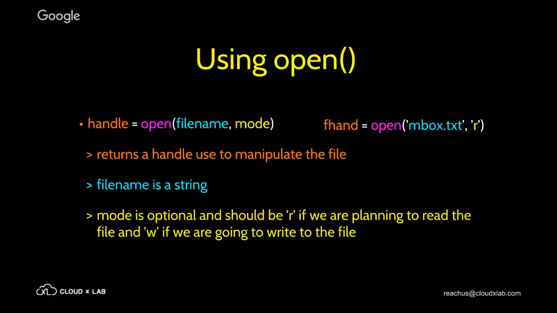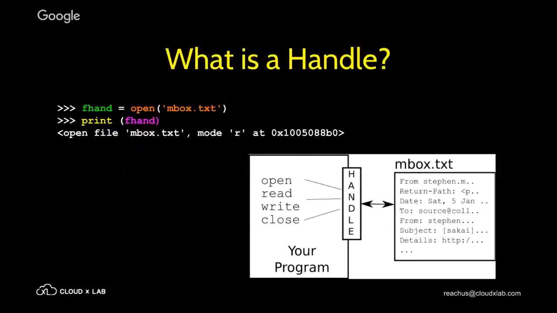We use R if we are planning to read the file, otherwise we use W. If we want to write to it, we use W as the mode. Mode is optional; by default, if you do not provide a mode, that means we are going to read. So I'm just going to read a file.